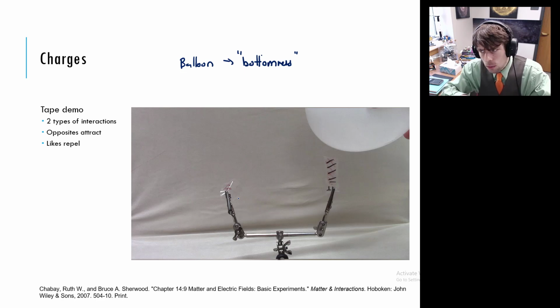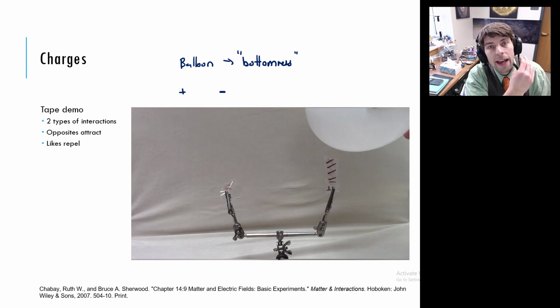So now you've got this way of separating out the charges, the bottomness or the topness, based on the interaction with the tape. Now, of course, we don't call it bottomness and topness. We arbitrarily say these are opposite things, and we'll call one positive and one negative.